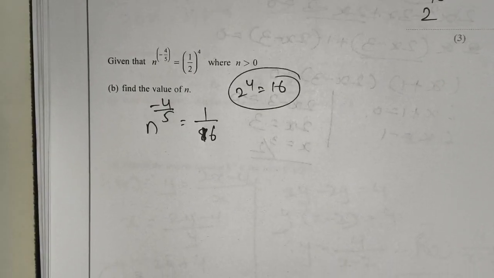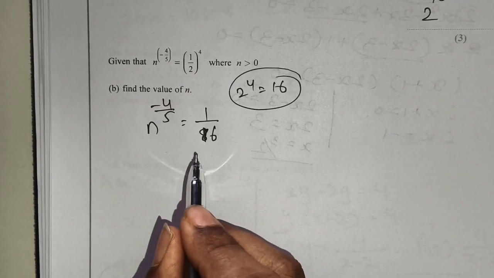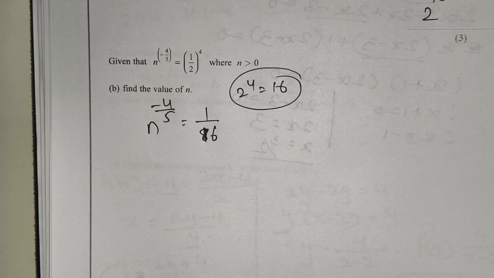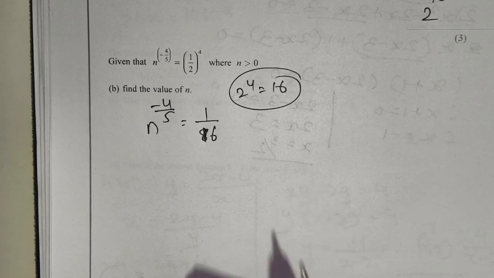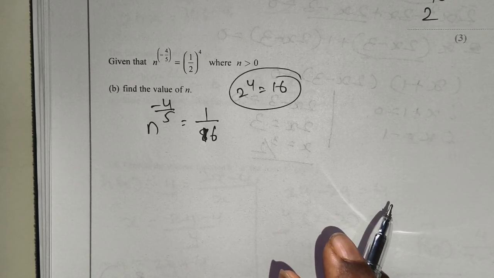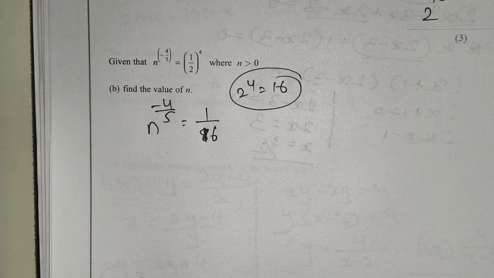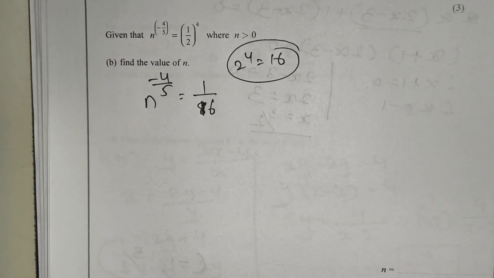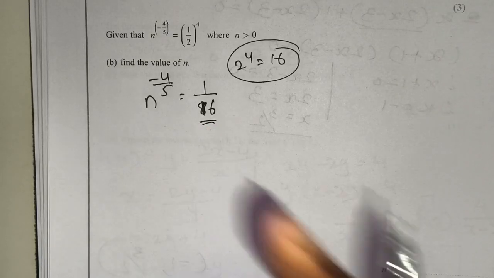Correct? Now, if you look at this, what is one way for us to cancel these things out? Multiplying by 5 by 4. If you multiply both the powers by 5 by 4, it is very much possible for you to cancel that out. So even if you don't want to do this step, it's okay.